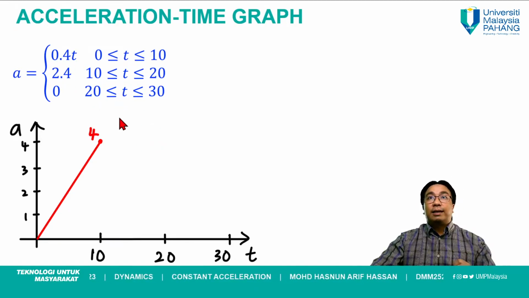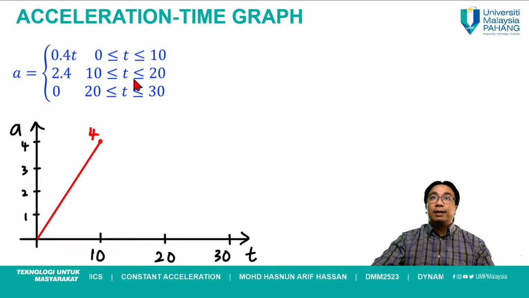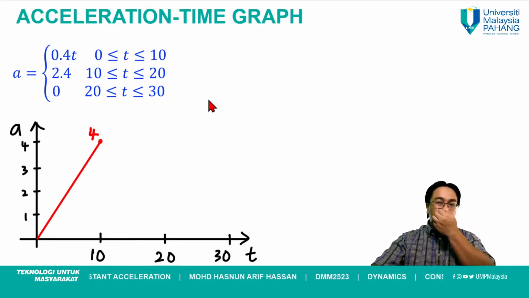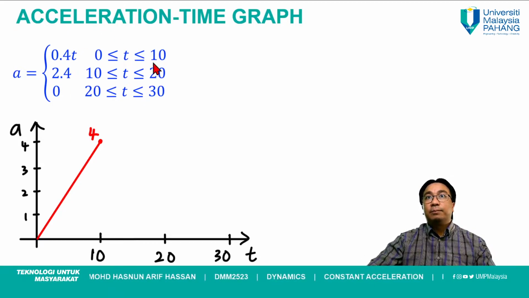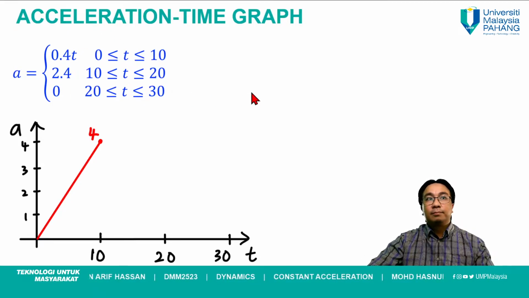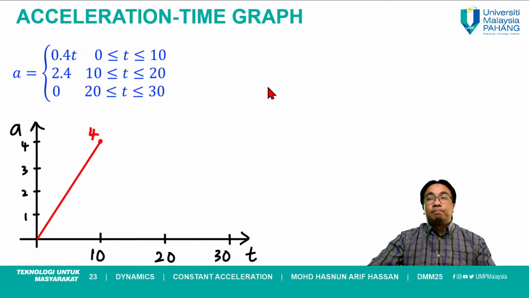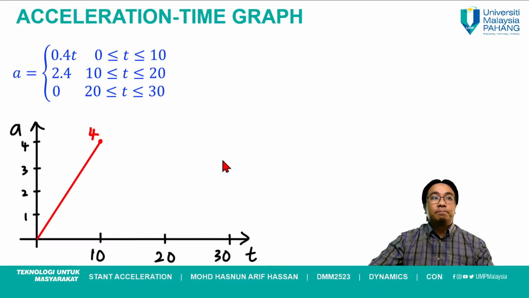Let's go to the second phase. T equals to 10 until 20 seconds. So what will be the graph for this time? Anyone? Straight line. Straight line, okay, di mana? Straight line di mana? 2.4. A sama dengan 2.4.